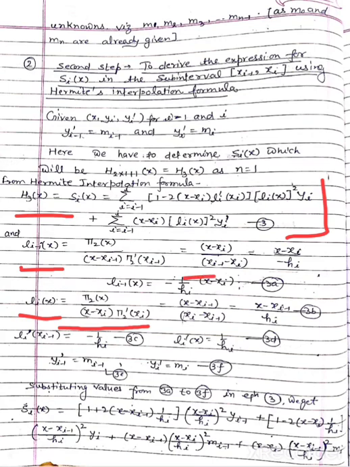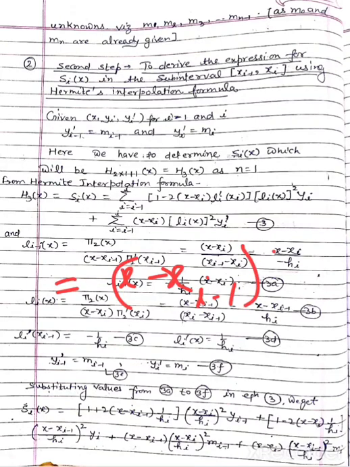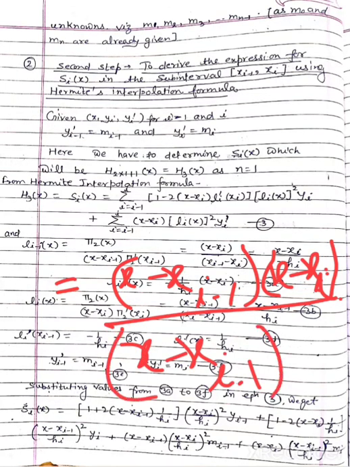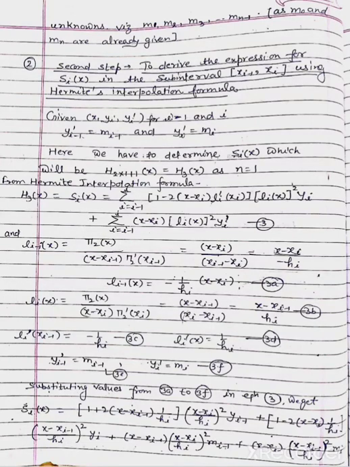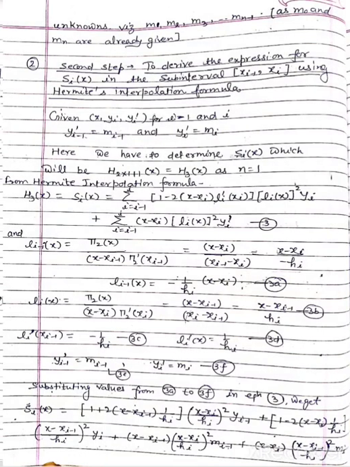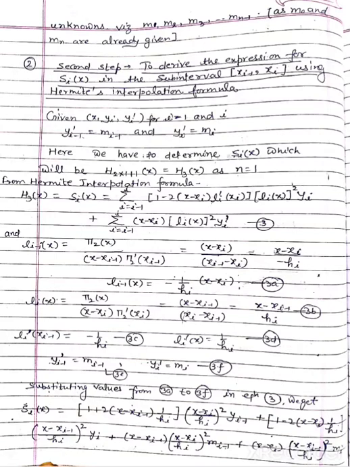So this will be equals to x minus xi minus 1 multiplied with x minus xi over x minus xi minus 1 and its first order derivative pi 2 dash at xi minus 1, which comes out to be x minus xi over xi minus 1 minus xi, as xi minus 1 minus xi will be equals to the minus of interval length. So this value will be minus hi.